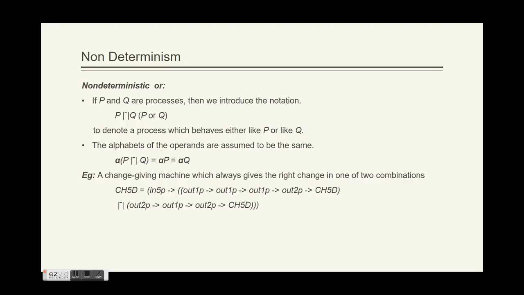For example, a change giving machine which always gives the right change in one of two combinations.